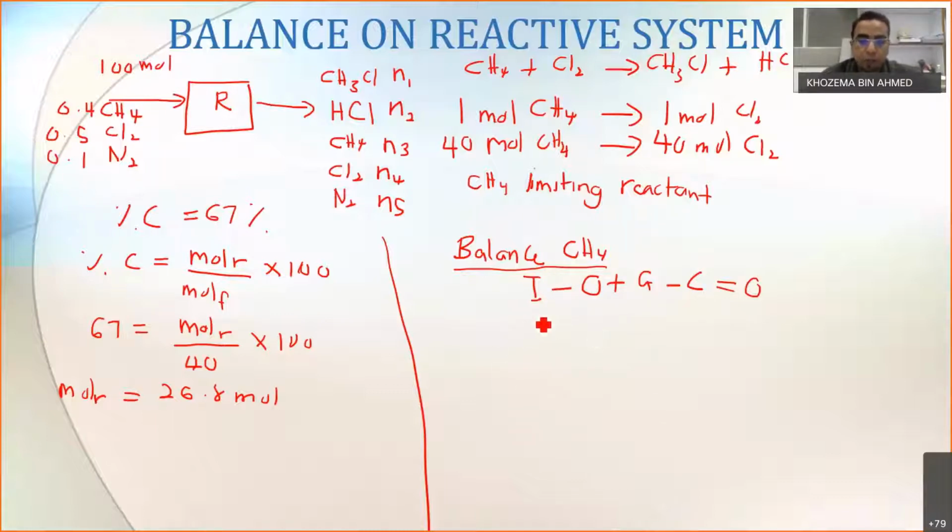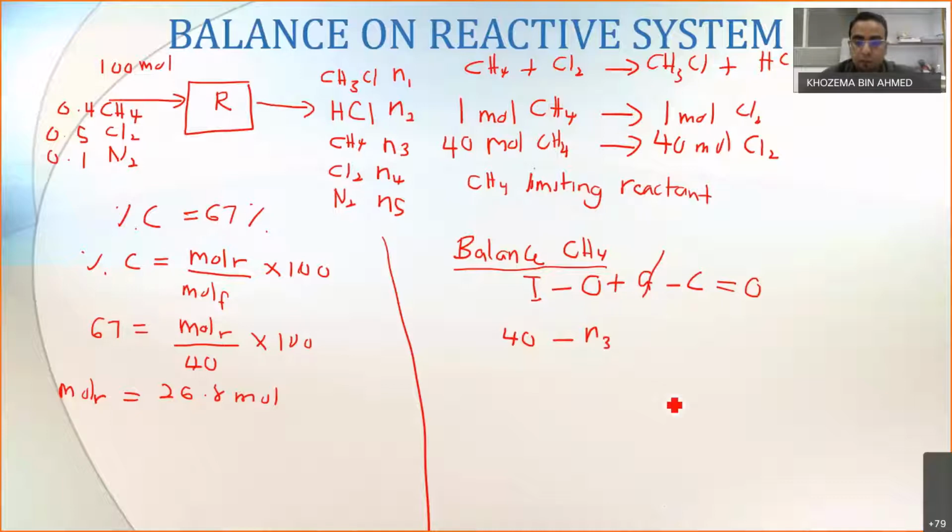We have our input, which is our 40 mole. We have output because there's some methane unreacted, so the output value we put here is N3. Plus, do we have generation? We don't have generation because there is no new methane generated in our product, so no generation term.